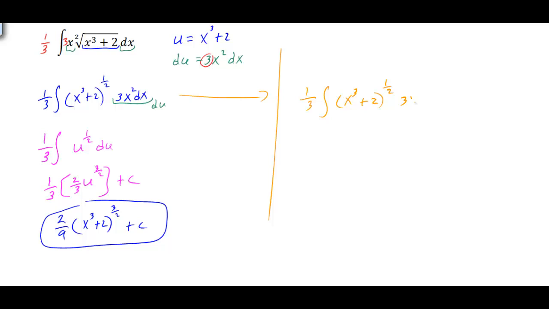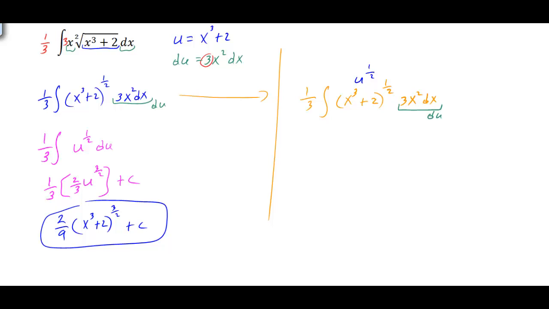And this is why I like to group our 3x squared dx. I like to keep in mind that all of this is going to be our du. So we know eventually, once we integrate, all of that's going to disappear. And we can visualize that really this part is u to the 1/2.